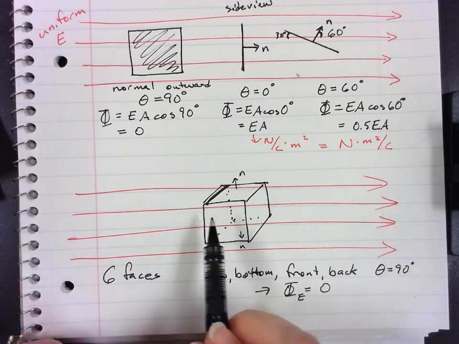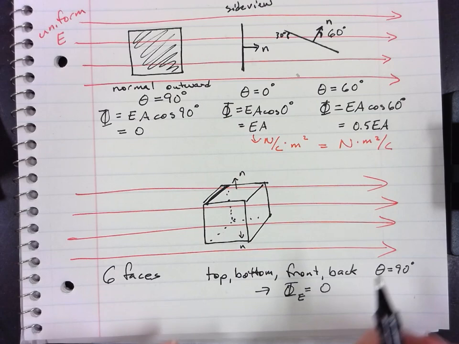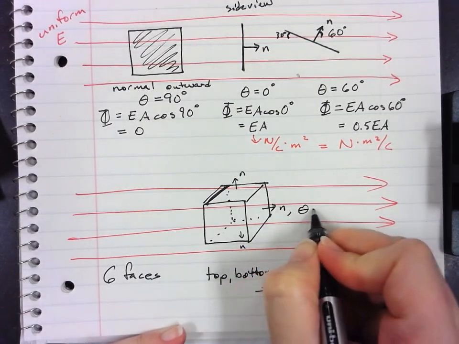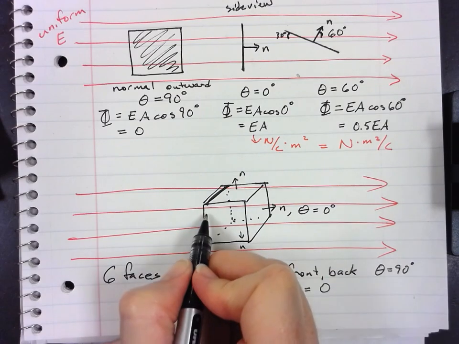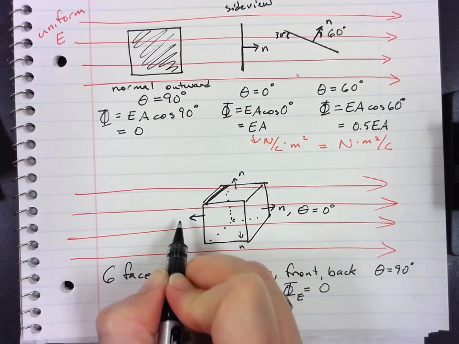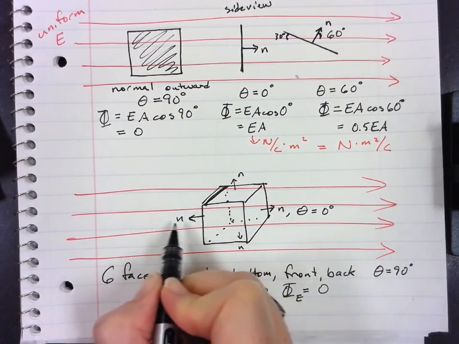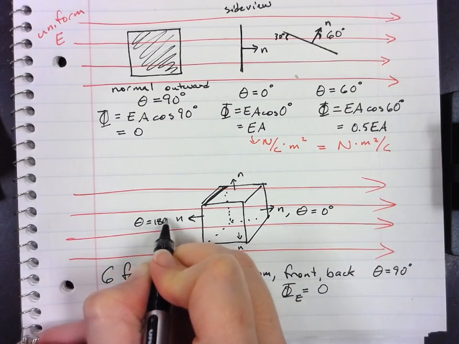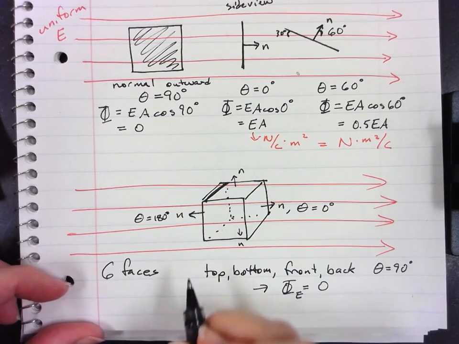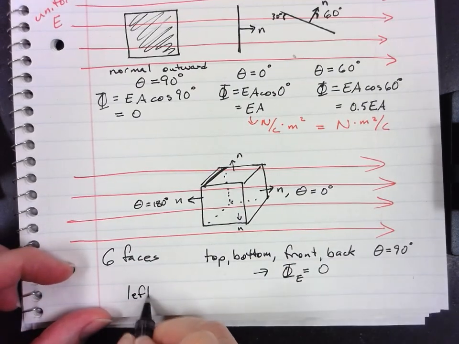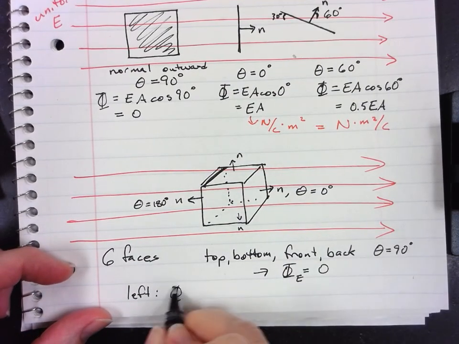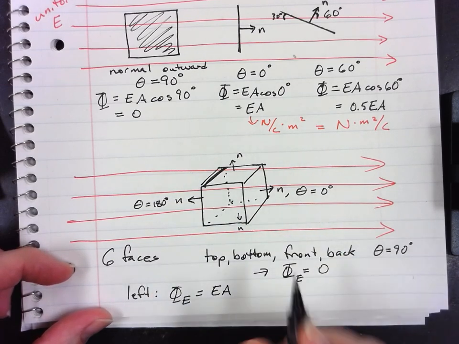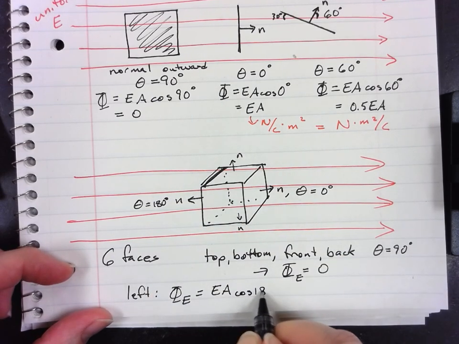Now, for a 3D surface, the normal by definition is just always outward. So for the right face, the normal's this way. So the angle is 0 degrees. For this side, the normal is outward, and notice that's opposite the direction of the field. So this is 180 degrees. So on the left side, our flux would be E, whatever the area of that face is, times the cosine of 180 degrees.